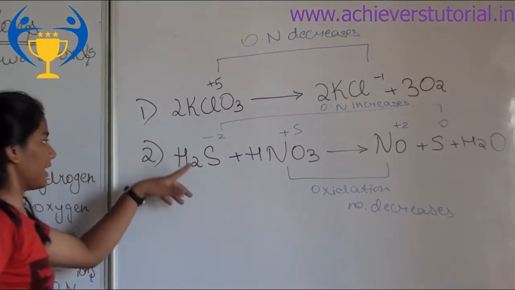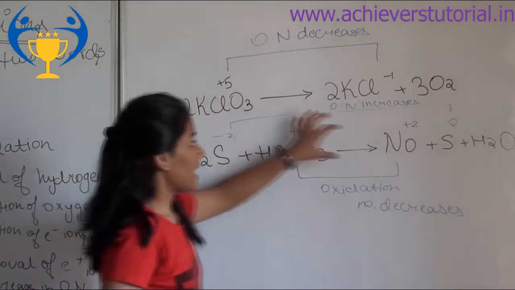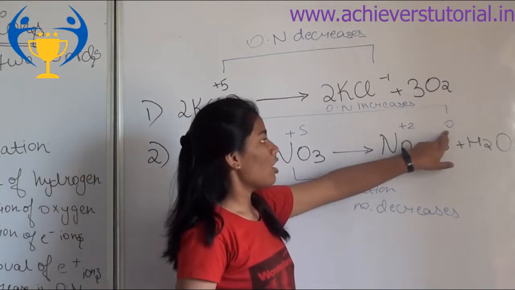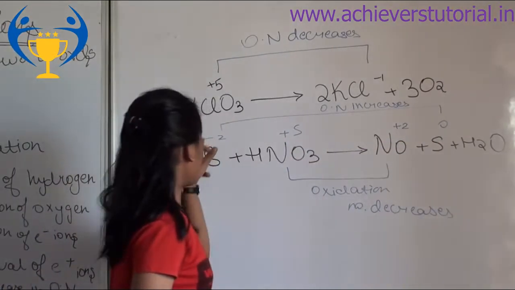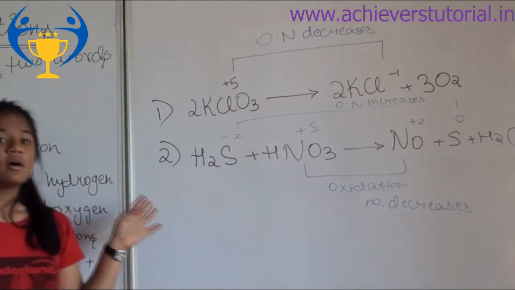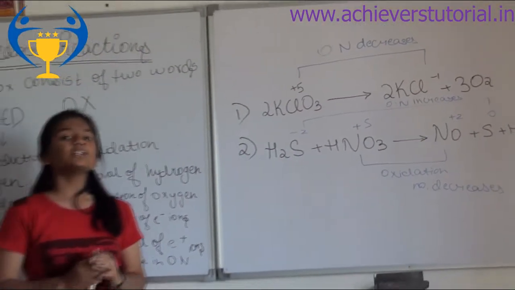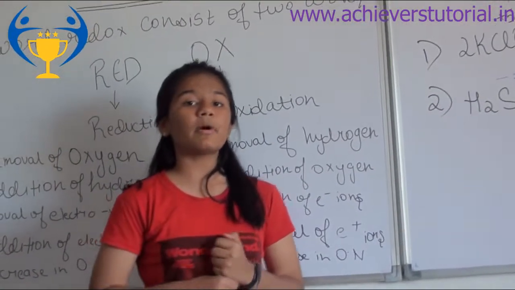But on the other hand, the oxidation number of sulfur is -2, and here the oxidation number of sulfur is 0. So -2 is smaller than 0. So here the oxidation number increases. So these are the criteria for calculating the oxidation numbers and for giving the views about the redox reactions.